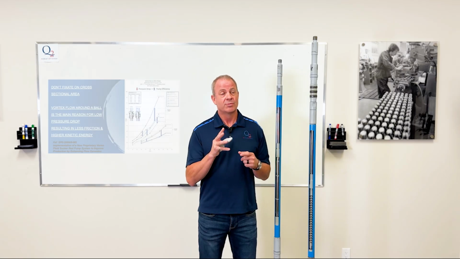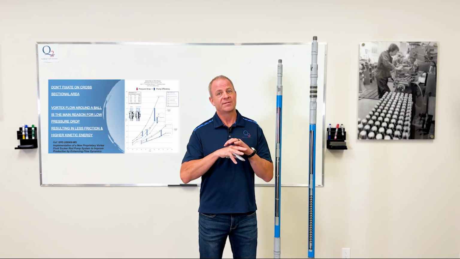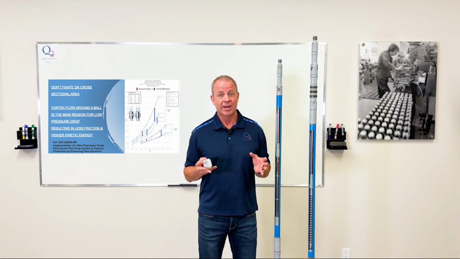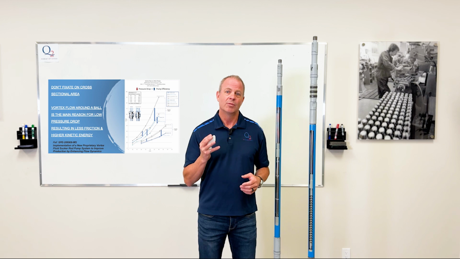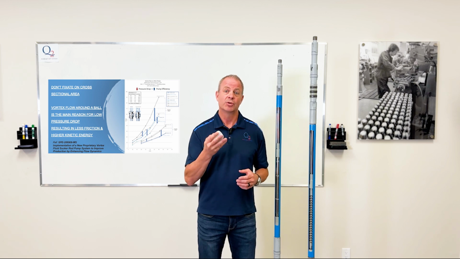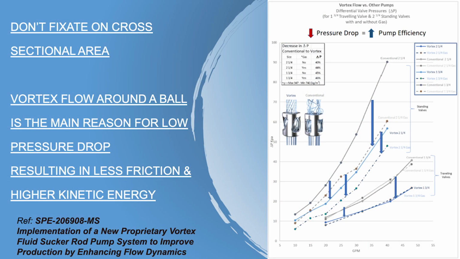Now, this is really important as well. You can't always just fixate on cross-sectional area inside of these pumps. The Vortex technology is really one of the key elements that reduces your pressure drop in your pump. So here's a perfect example of an API to API with two different cages, and the pressure drop differential is around 36 to 42% at every flow rate.